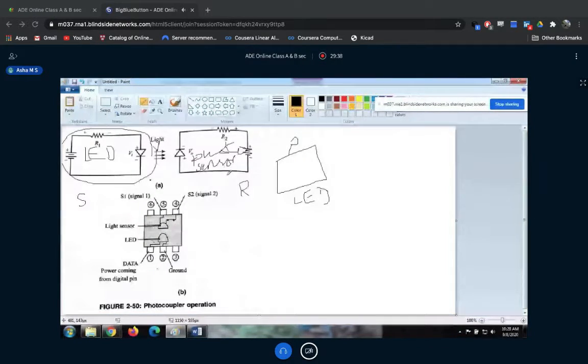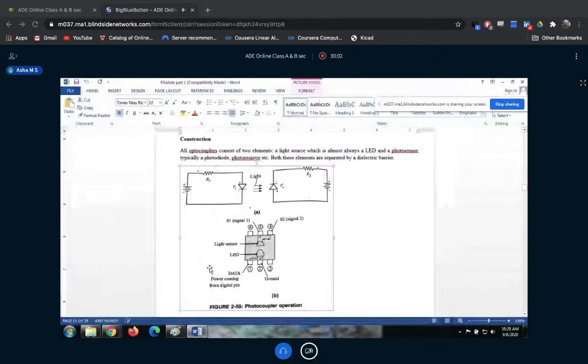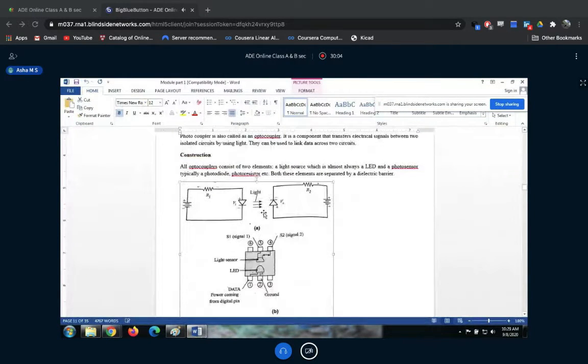This circuit emits light. This LED emits light, and this photo sensor could be a photodiode. Photodiode is the only photo sensor that we have studied, so you can just write photodiode only. Nothing will happen. But in general, if you can remember, this photo sensor could be photodiode, photoresistor, photoconductor, whatever it could be. If you can't remember all those things, you can just simply write photodiode.